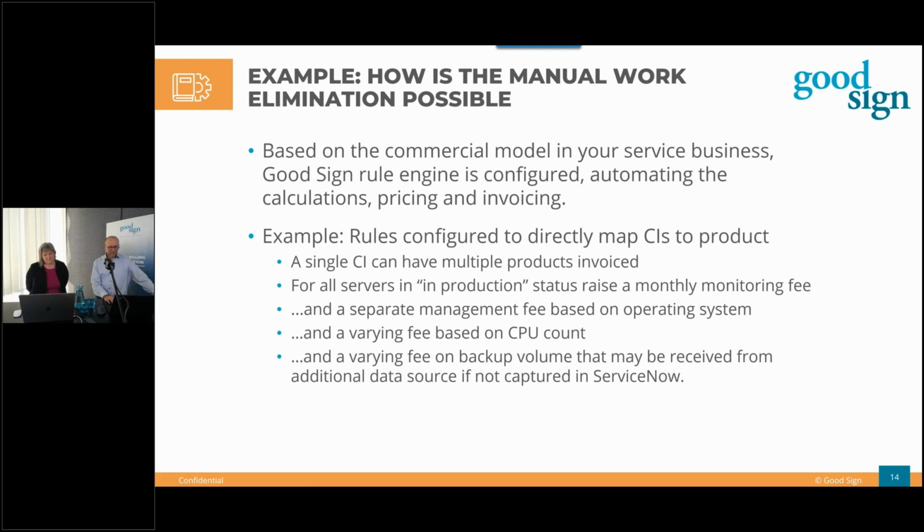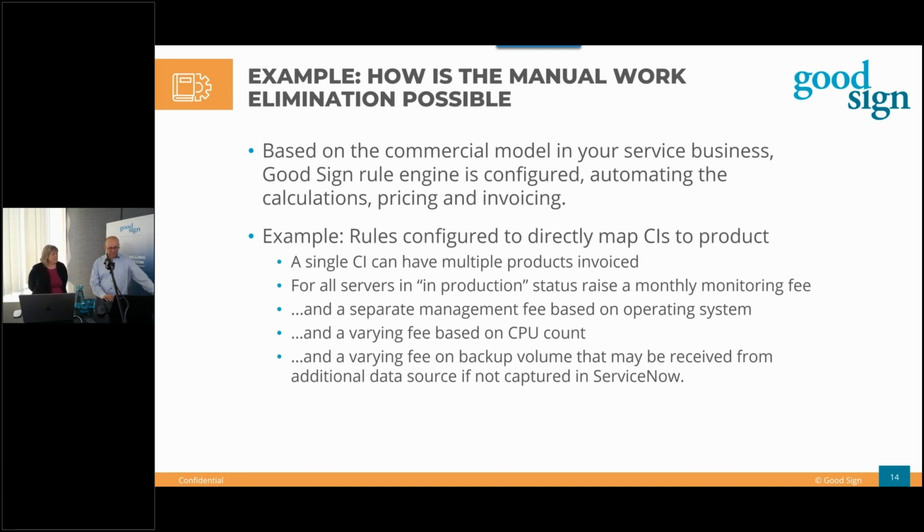Whenever you have a server in production, virtual server, whatever, there's a monthly monitoring fee when it's in production. But also there might be a separate management fee on Linux servers, but not on Windows servers. There might additionally be a varying fee based on the CPU count or backup volumes.